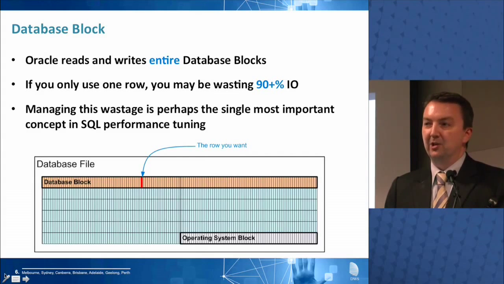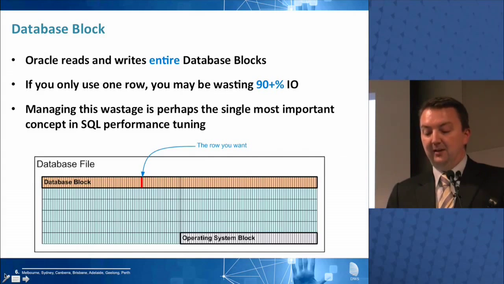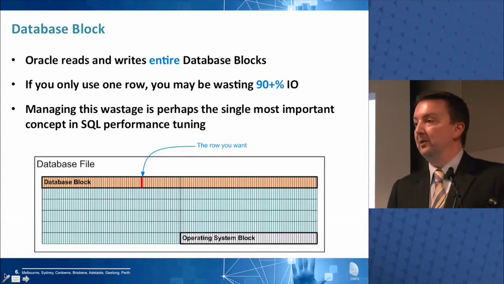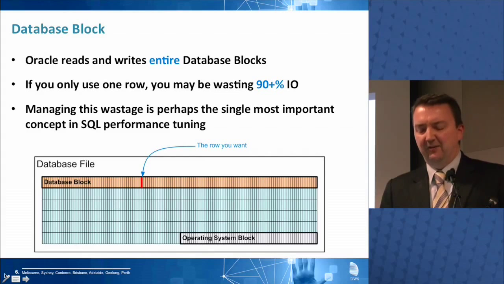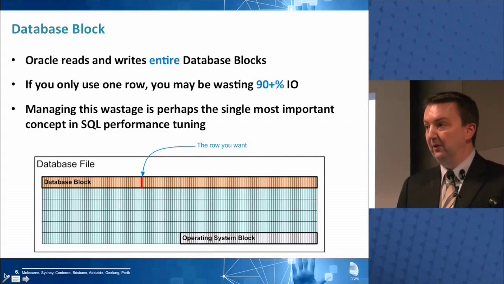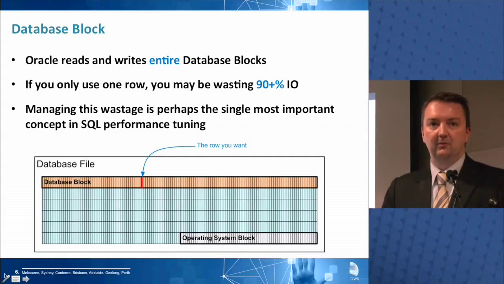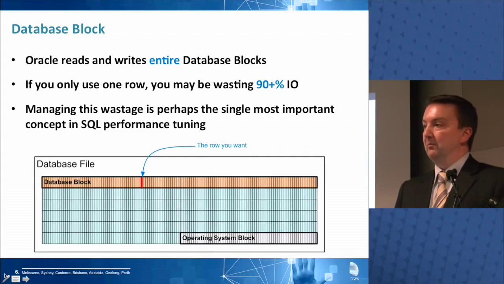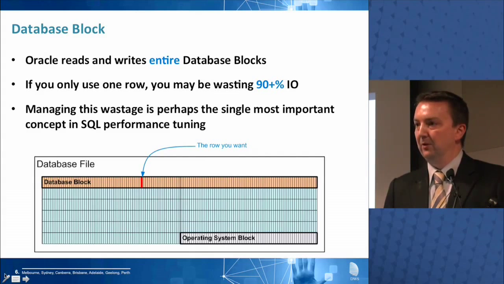Most Unixes, last time I checked, the operating system blocks were half a K. Does that sound familiar to anyone? Take that as confirmed. Your Oracle database block is configured at the time you install the database. It's probably not going to be half a K. It could be 2K, 4K, 8K is the default. If you just click OK on everything when you install, you'll get 8K blocks. So you'll get 16 operating system blocks in one database block.